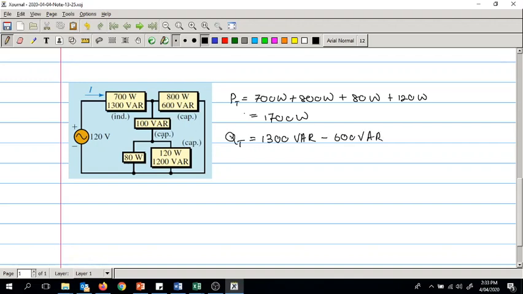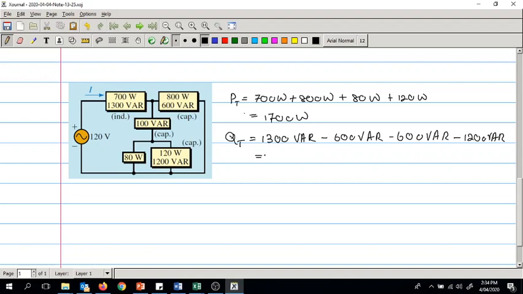Then this is capacitive again, so minus 600 VAR. What else? This doesn't have any reactive power, but this has again capacitive 1200 VAR, so minus 1200 VAR, which gives us how much?